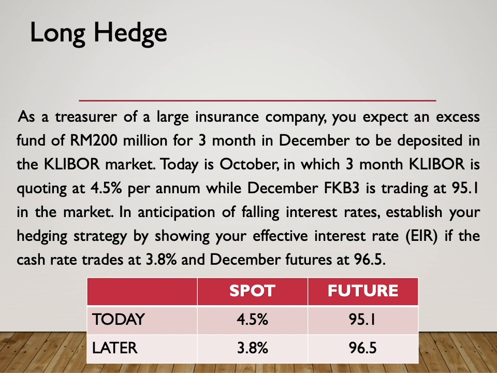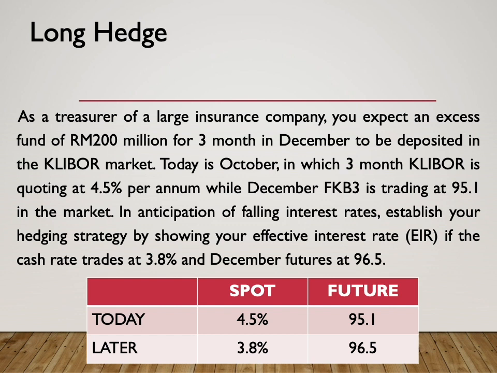So when you read this question, you must identify what is your trading objective. So it is mentioned here, you expect an excess fund of 200 million for 3 months in December to be deposited in the CLIBOR market. That means you have extra cash 200 million 3 months from now, which is now October.